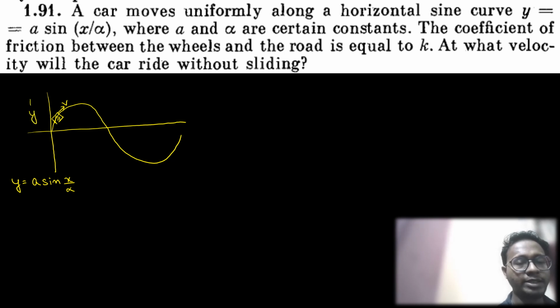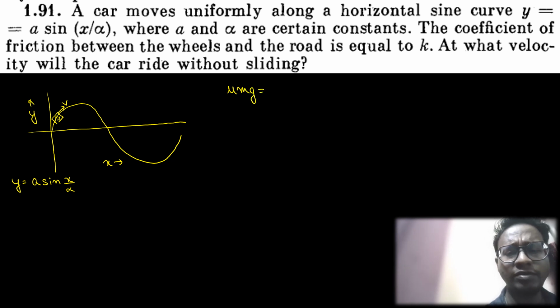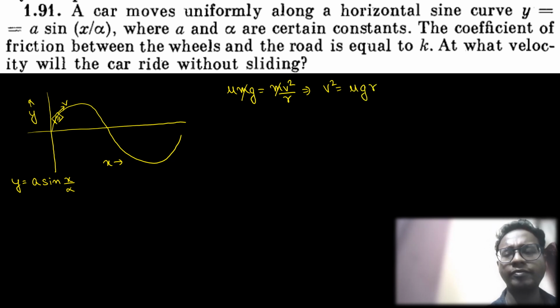This is the y axis, this is the x axis. Find the maximum possible velocity of the car. So the first part of the question, where mu mg is equal to mv square by r, is the same. Here v square is equal to mu g r, and you have to find the value of r.